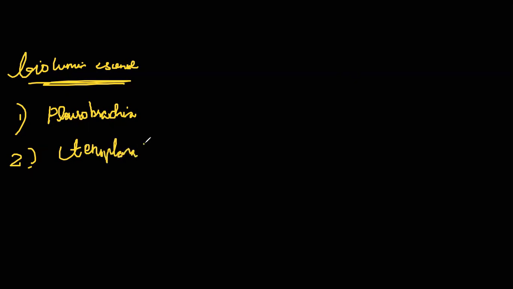These are two organisms that show bioluminescence, and only sexual reproduction is present. No metagenesis occurs in case of this Ctenophora. Clear with that? And that's all for this class.